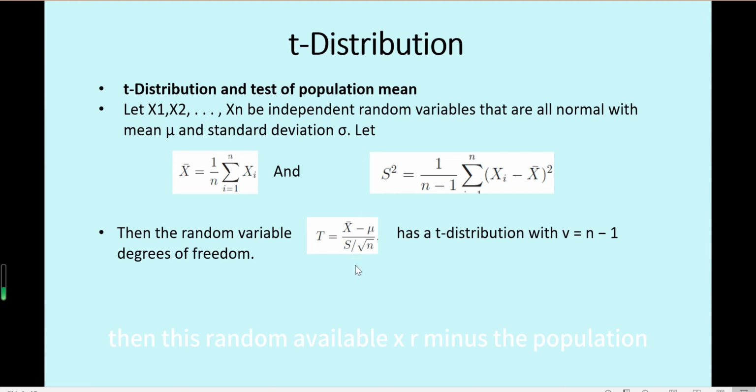Then the random variable x bar minus the population mean, divided by the sample standard deviation divided by the square root of n, has a t-distribution with n minus 1 degrees of freedom.